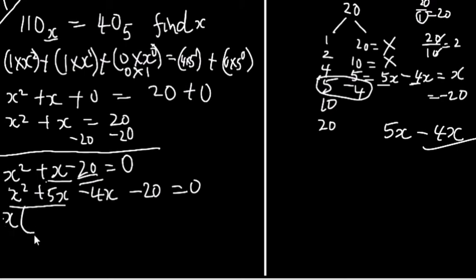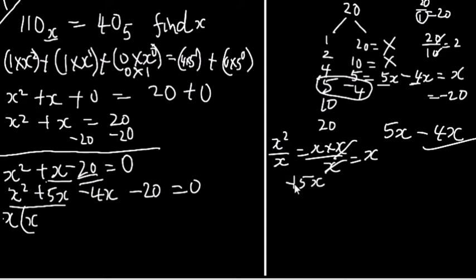So x, bracket open, x squared divided by x. So x squared divided by x is x. So we write x here plus 5x divided by x. X cancels x. We are left with plus 5.